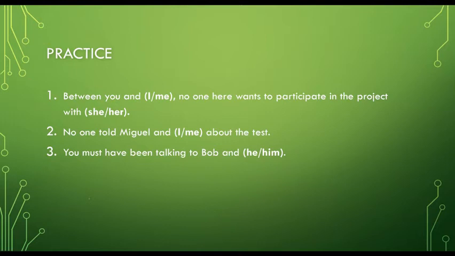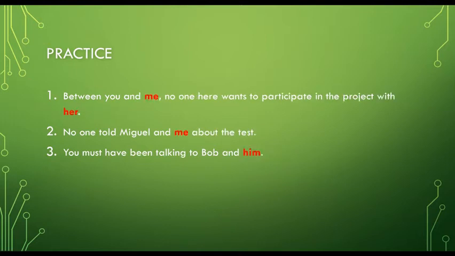Okay, let's look at the answers. So between you and me, I know that's going to be "me" because it's at the end of the prepositional phrase, which makes it in the objective case. Between you and me, no one here wants to participate in the project with her. Where's my verb in the second part of the sentence? No one here wants. So "wants" is my verb.